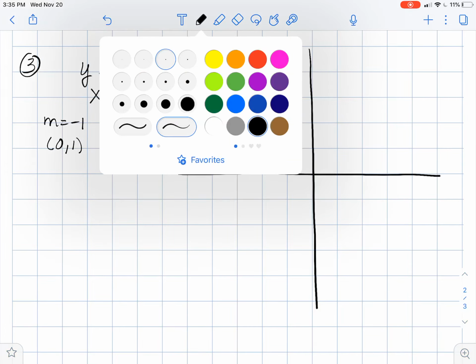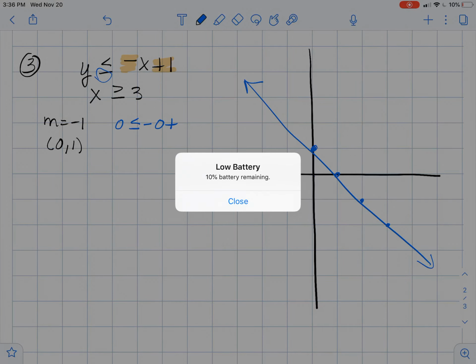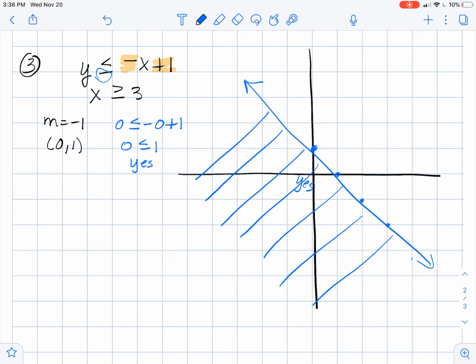So I'm going to start at 0, 1, and then I'm going to go down 1, right 1. I'm going to do that for a couple. Now it is an equal to, okay, I'm talking about that right there, so it is a solid line. Okay, I'm going to test 0, 0. So I'm putting 0 in my equation. So 0 is less than or equal to 1. That is yes. So in this case, this is a yes. So I'm going to shade this way.